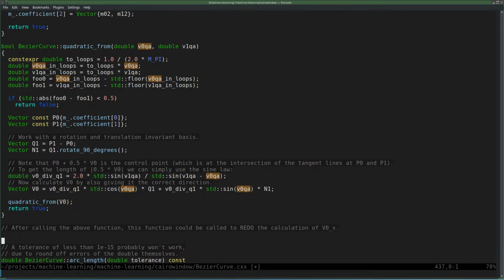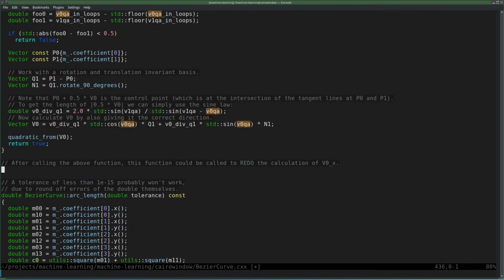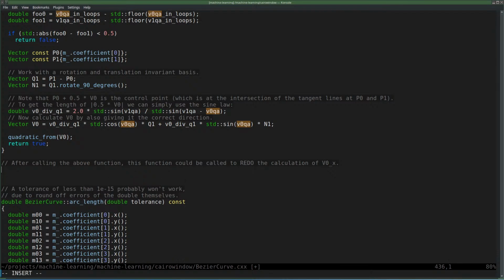So mysterious, but let's not overthink it. My subconscious told me that I need it, so I'll just do it. Double Bezier curve. This is a private function. So that is v0x.